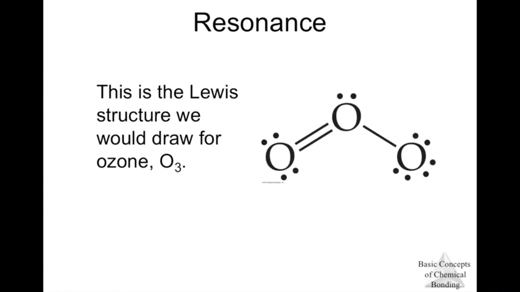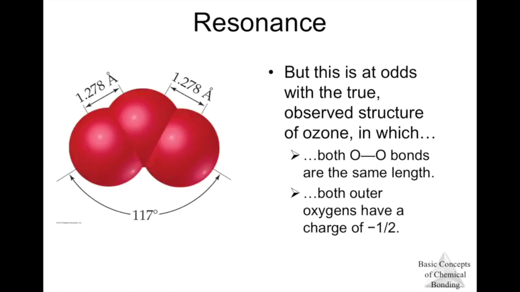This shows a double bond and a single bond, so those would be unequal bond lengths, with one a shorter bond. But when we look at everything in ozone, wait a minute, it's the same. We don't have that difference. And both of the outer oxygens have a charge of -1/2. That also doesn't make sense.